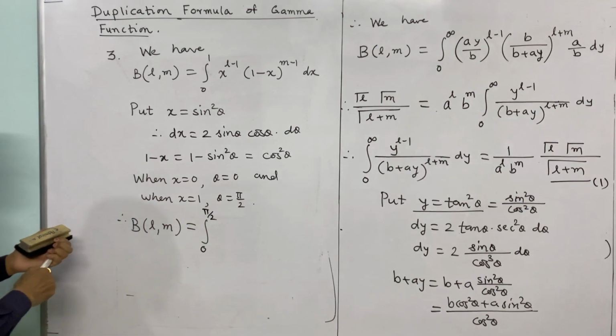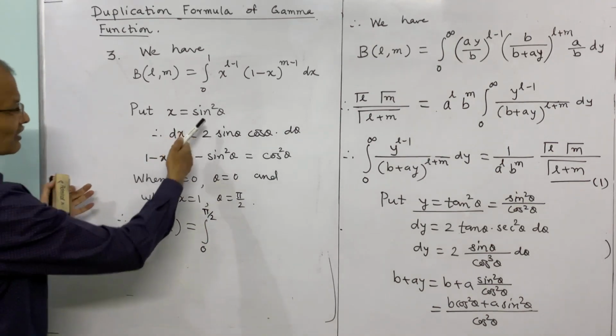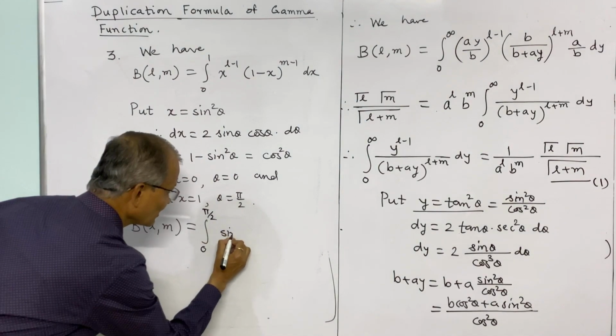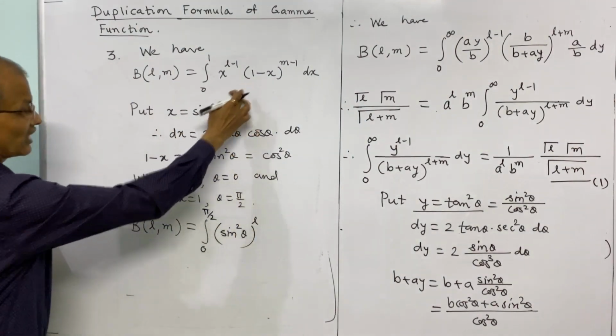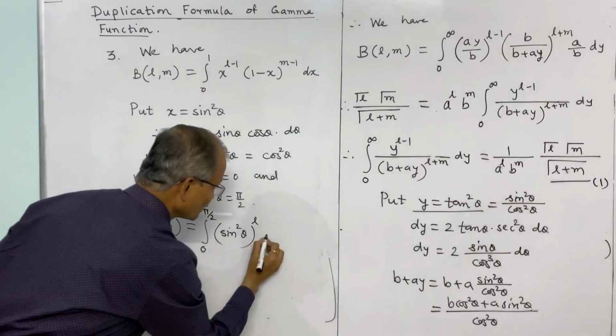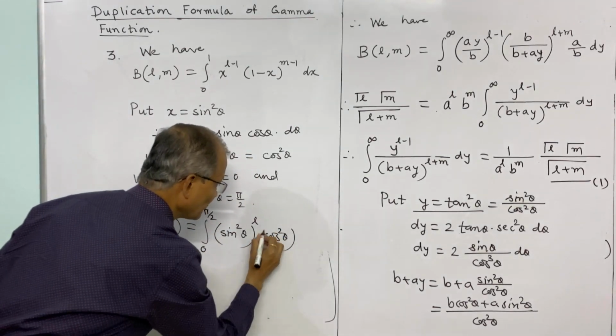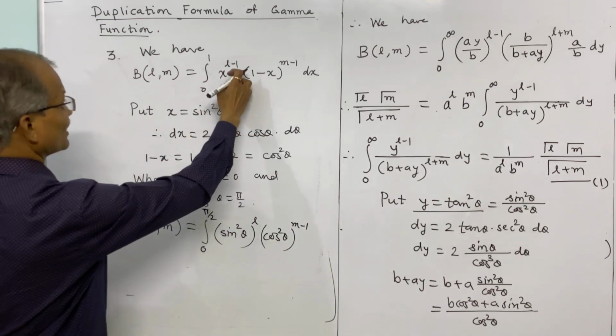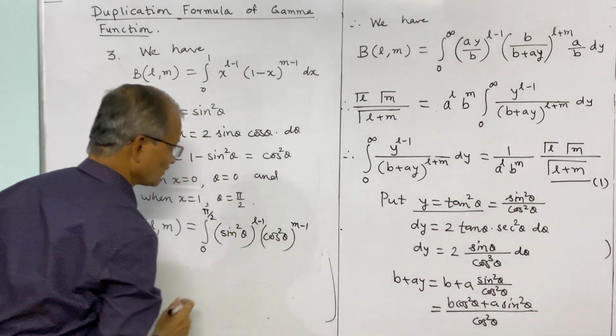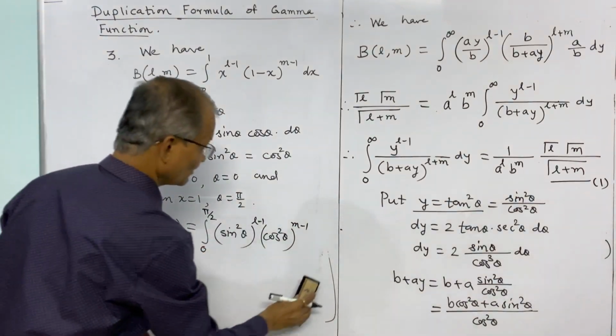And see, x to the power L, x is sine square theta, so sine square theta to the power L, and 1 minus x is cos square theta, so that is cos square theta to the power M minus 1. So this is L minus 1, and this is M minus 1 into dx.